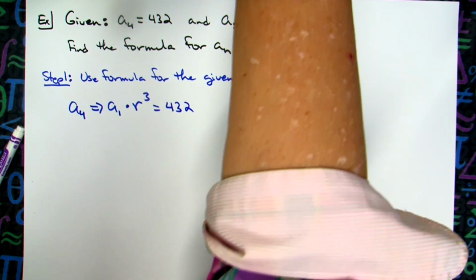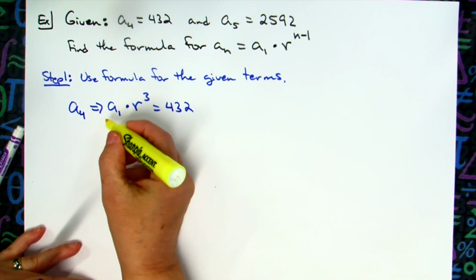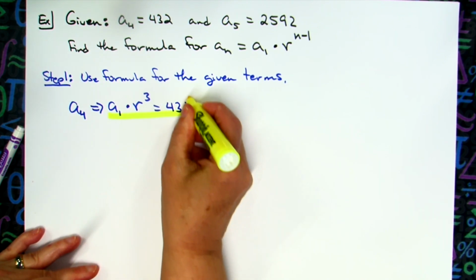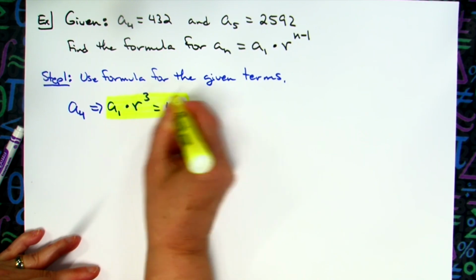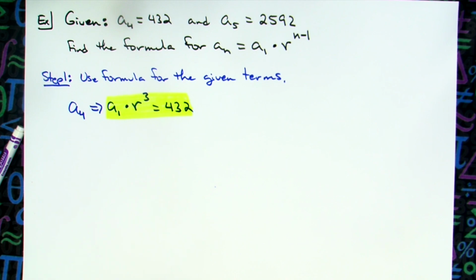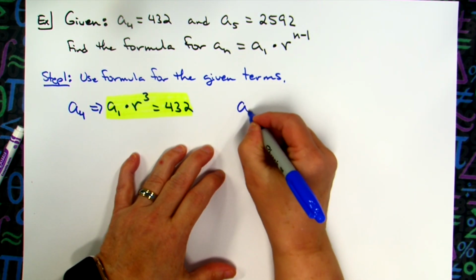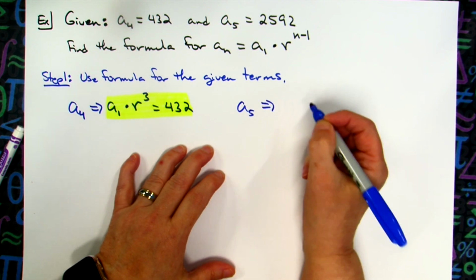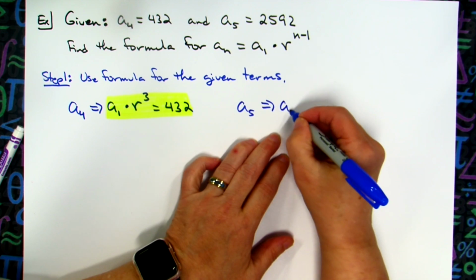Notice this is an arrow, not an equal sign. So I'm using these formulas with the two given terms. I've used that formula with the first term, and then I'm going to do the exact same thing for the next one. So my next one is a sub 5. Again, I'm just going to follow this formula. A sub 1, I don't know.